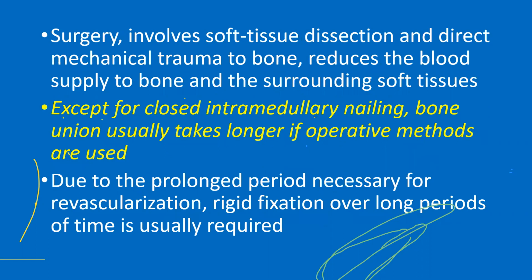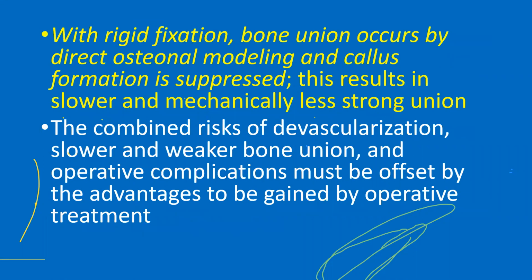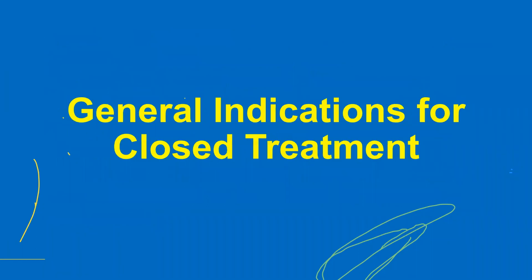Surgery involves soft tissue dissection, I repeatedly tell you, and direct mechanical trauma to bone. It reduces the blood supply to bone and surrounding soft tissues, except for closed intramedullary nailing, and we spoke about this. With rigid fixation, bone union occurs by direct osteonal bone formation.